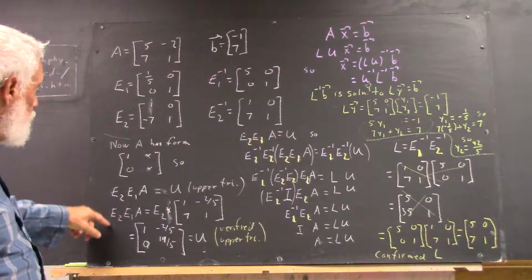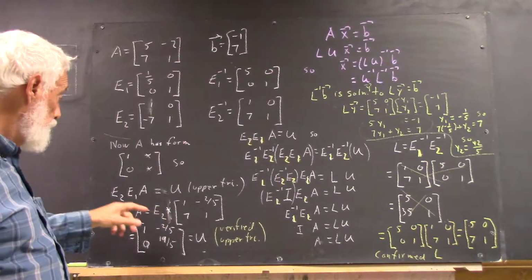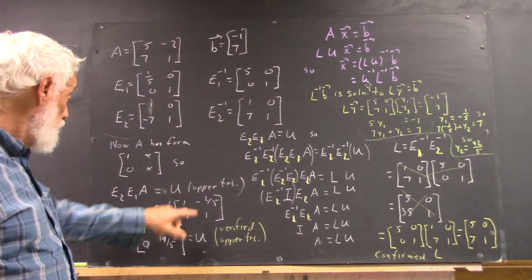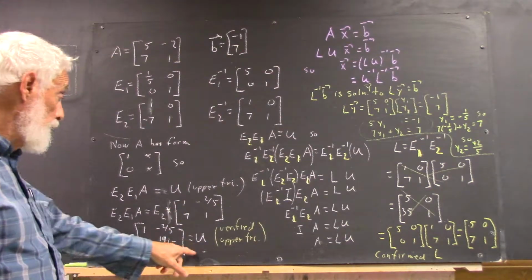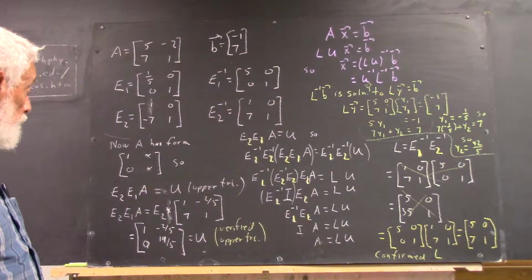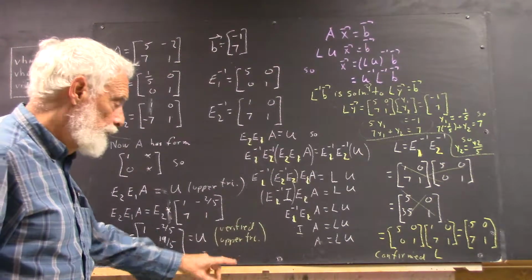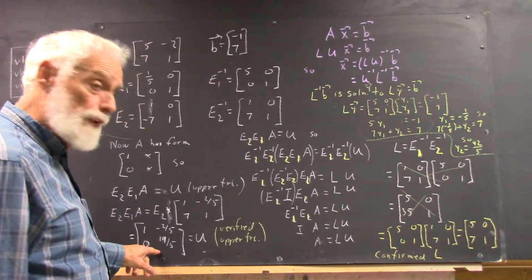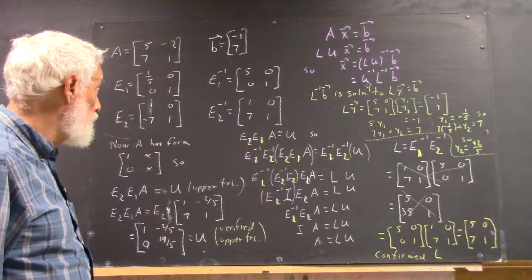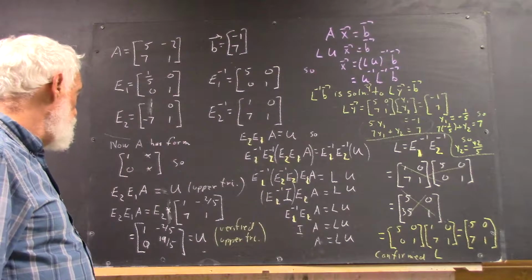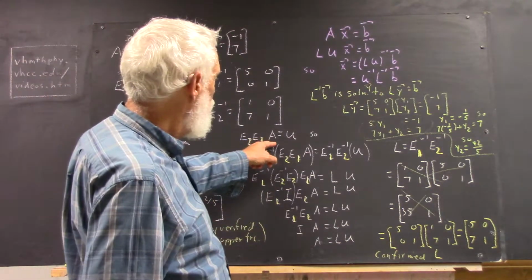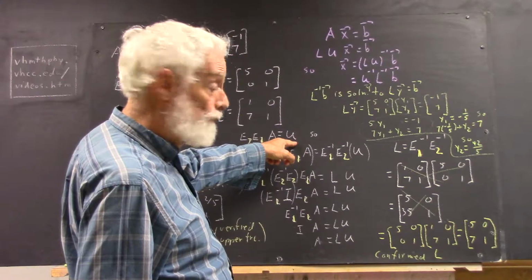And then E2 times that is, of course, E2 times E1A. That gives us this matrix, and that is an upper triangular matrix. So we verified that the matrix is upper triangular, and I believe I did that right, but check my arithmetic. Okay, so now we know that E2 E1 A is upper triangular.